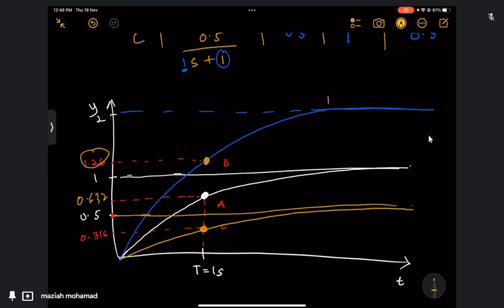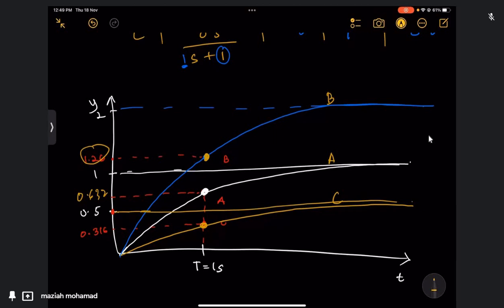So this is B, this is A, this is C. In terms of time, the response is the same. It will reach the time constant at the same time and reach the final value at the same time, but the final value will be different because the static gain is different. So that is the effect of K.